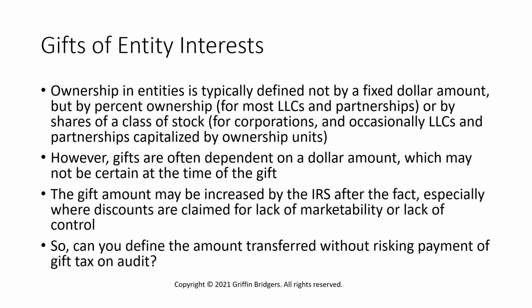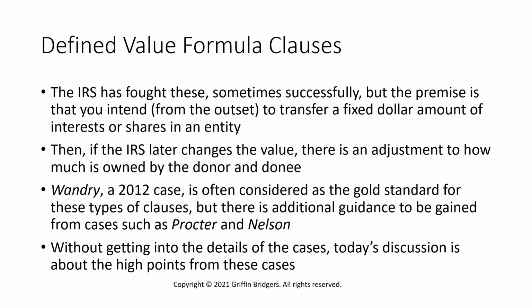So, what can we do to define the amount transferred without risking a payment of gift tax on audit? Because a lot of times with entities, the IRS has a lot of incentive to go in and challenge the valuation. Where we find a solution is in a defined value formula clause.